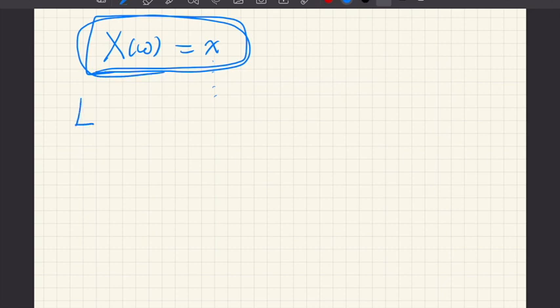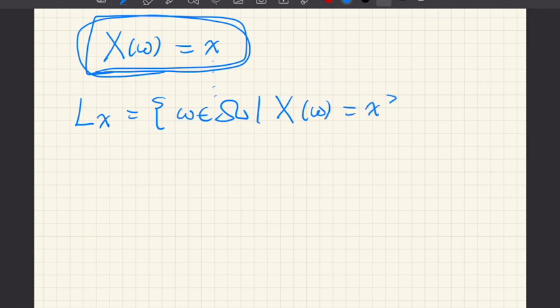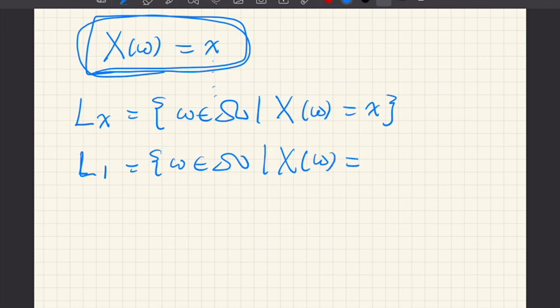So that is, let's write it L_x, which is a subset of omega such that this random variable takes the given value x. Okay, for example, let's say x is 1, so L_1 is a subset of omega where this random variable took the value of 1.